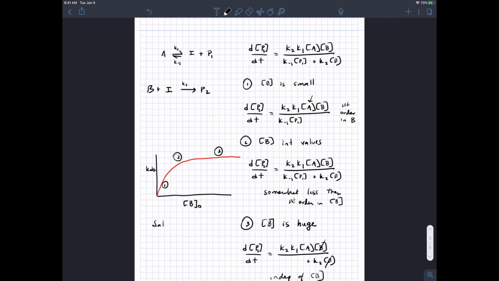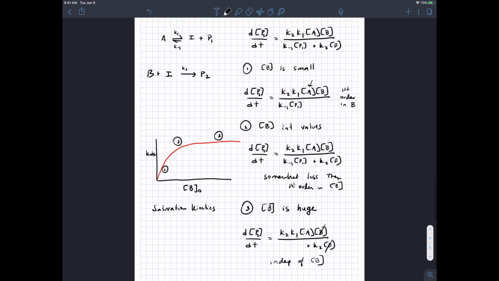And this is called saturation kinetics. You've probably heard about this before in biochem. But this has implications for the SN1 reaction.